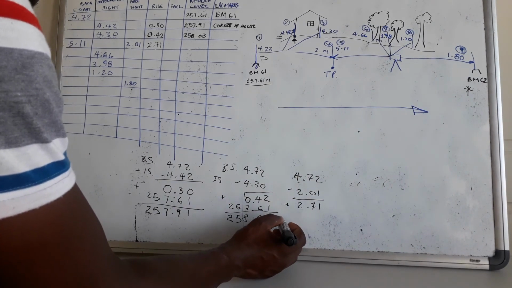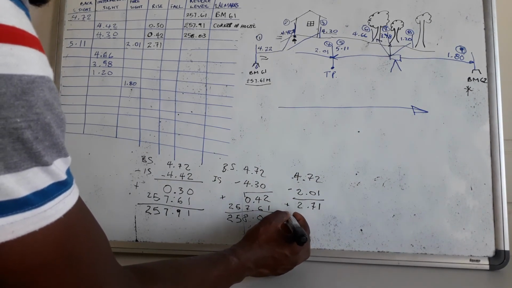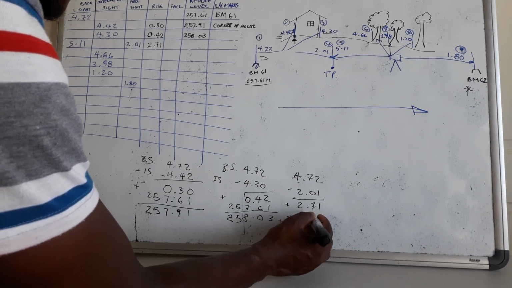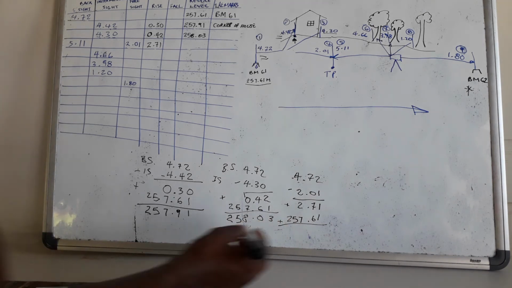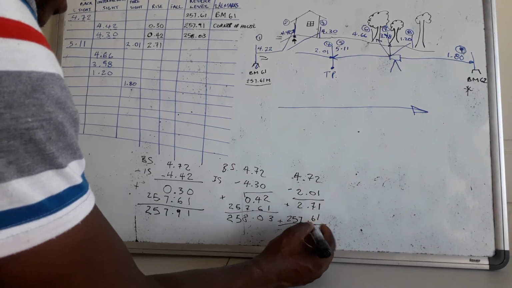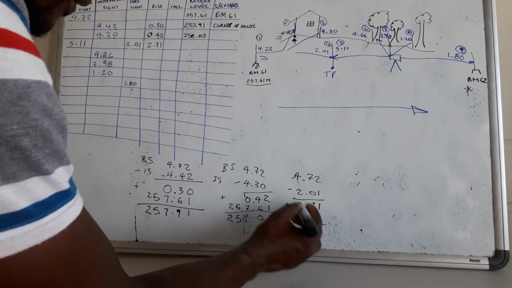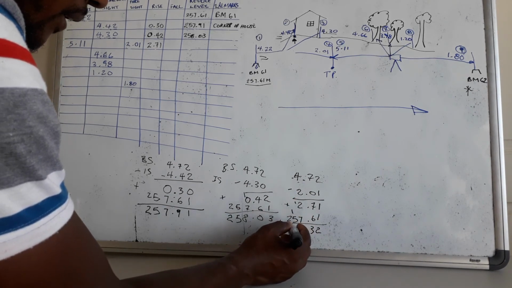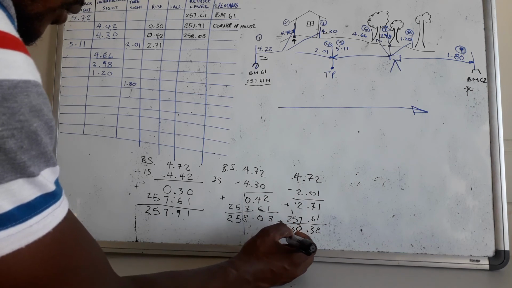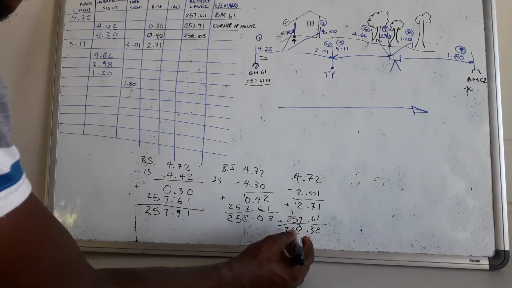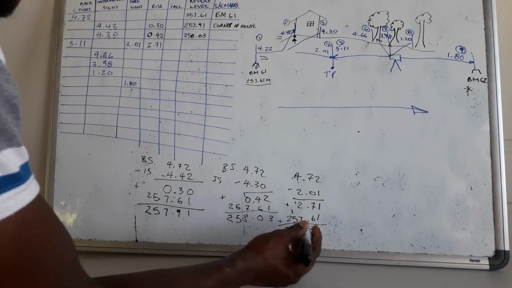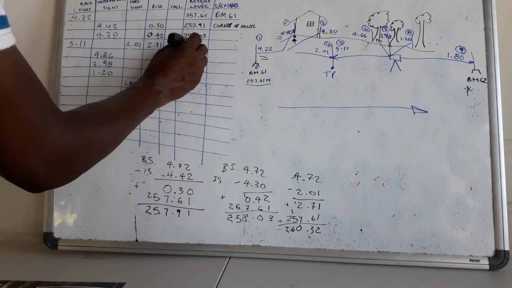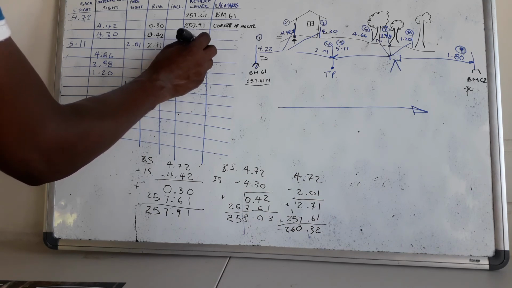So we now add 257.61 to that, which gives us 260.32.